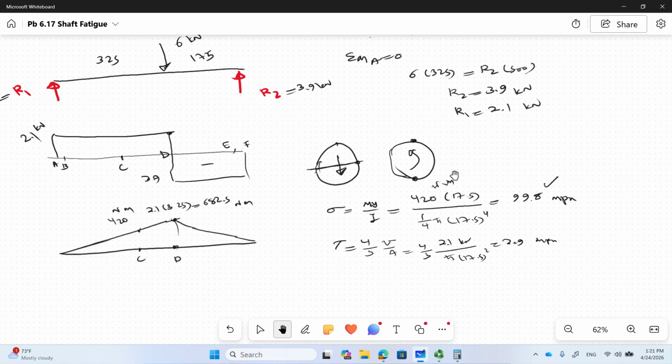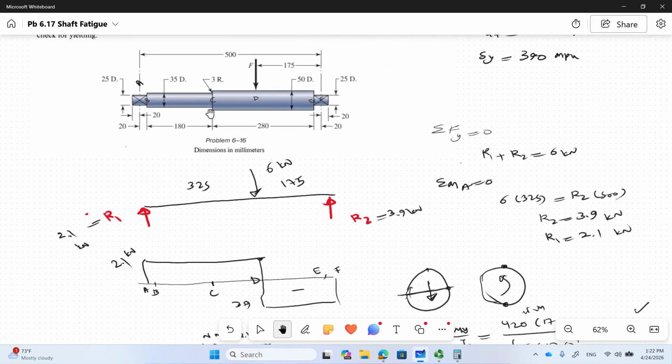So my stress comes out as 55.6. So it's smaller, right? But as I said, point C is going to be way worse because not only do we have the larger stress, but we have the stress concentration.